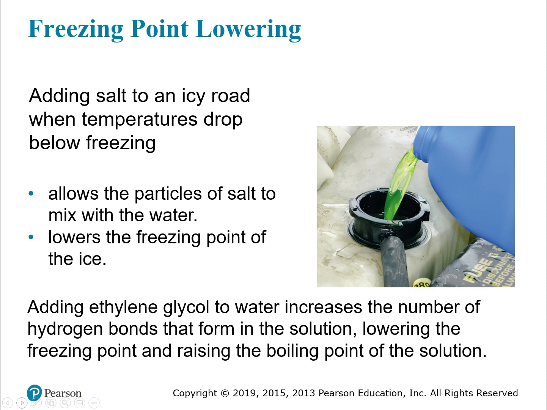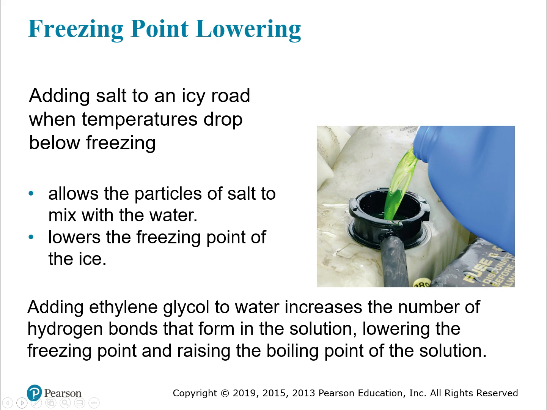Your freezing point is going to be depressed or lowered. If you've ever lived in a cold state, like Michigan, well, Michigan doesn't really salt that much, but if you live somewhere where it's cold and they salt the roads because they don't want you to slip and slide on ice, you're not going to form ice because you're putting salt down on the road.